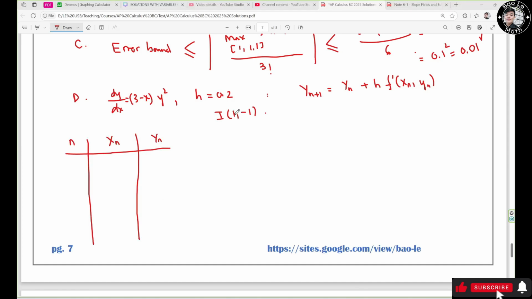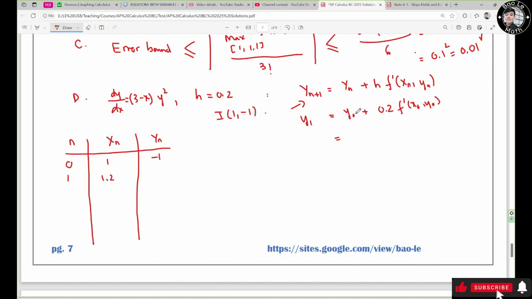Now the initial condition (1, negative 1) is when n equals 0, right? So this one is 1. This one is negative 1, right? Now when n equals 1, you add the step size 0.2, so this is going to be 1.2. Now we need to calculate this one using the formula right here: y1 equals y0 plus the step size 0.2 times f prime of (s0, y0), right?